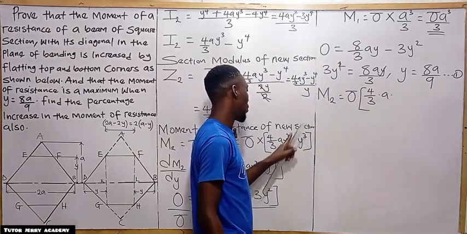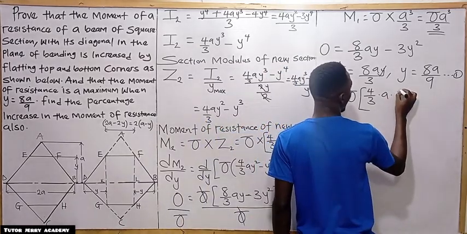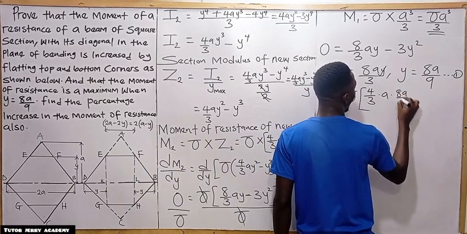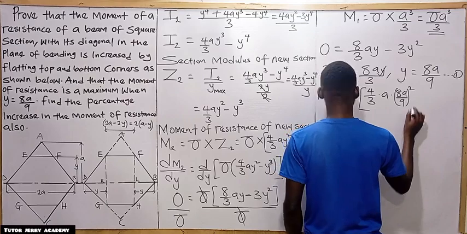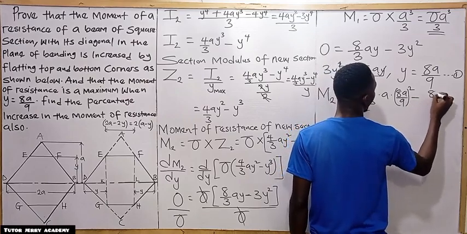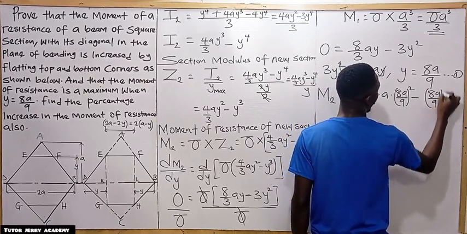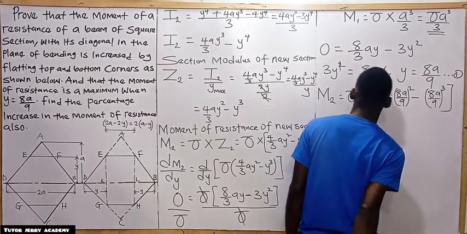Our y, this y here is y squared. So we are going to have 8a all over 9 all squared, then minus y cubed, that is 8a all over 9 all cubed. Then we close the bracket.